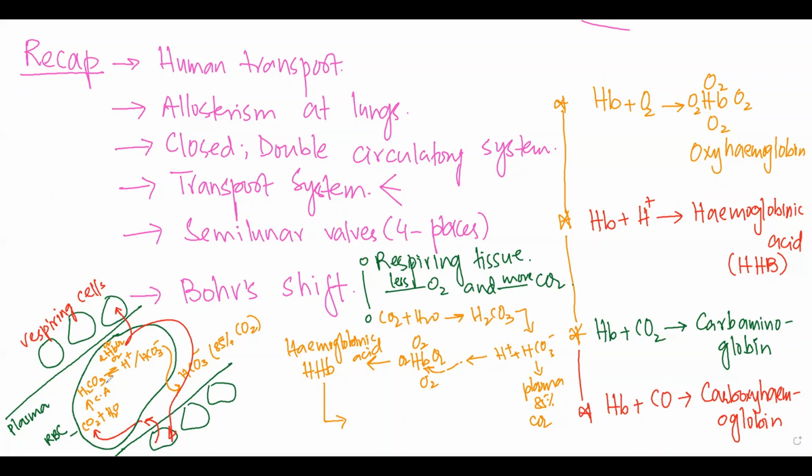This is called dissociation. It is taken up by cells, which use oxygen in aerobic respiration. The very purpose of hemoglobin is to carry oxygen from lungs to tissues, where it is used in respiration.